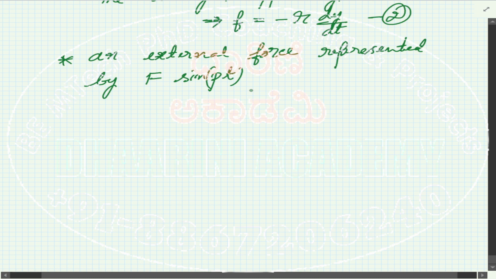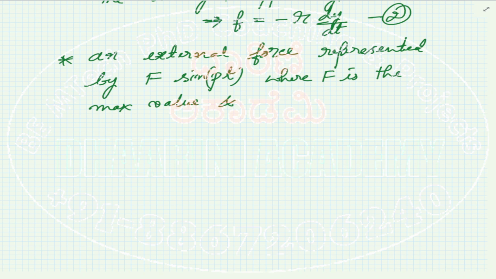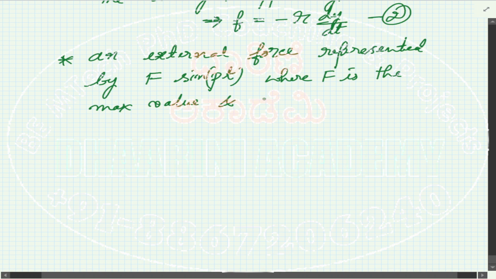Here F is the maximum value, and P divided by 2 pi is the frequency.